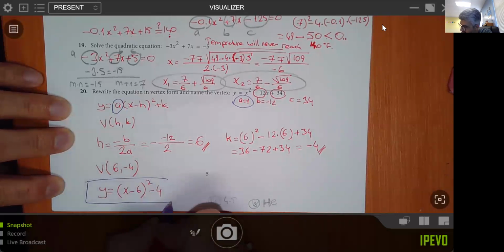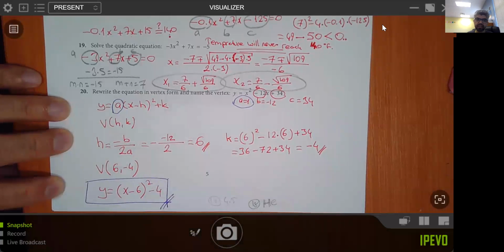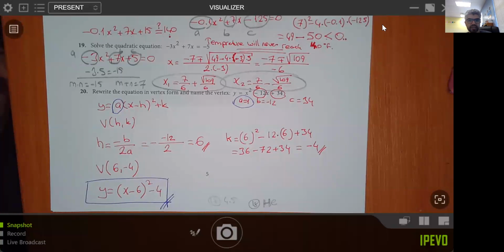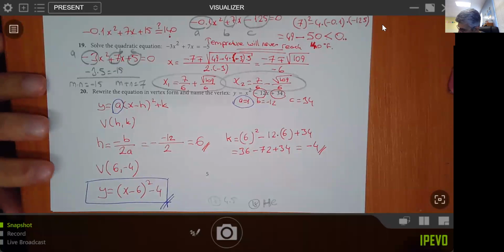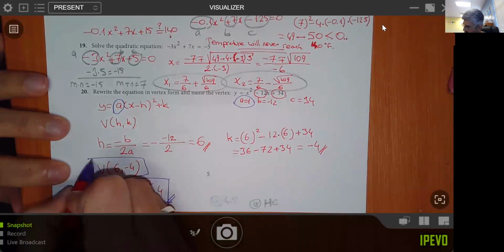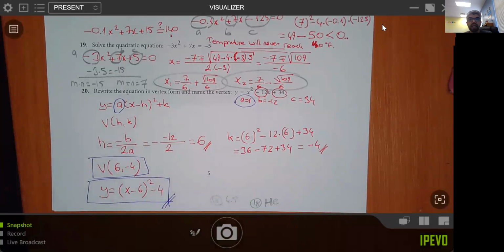This is the final answer. Name the vertex. So the vertex is this one. Yes, guys, and this is the vertex. Is it clear? Any question? Okay. Any question?